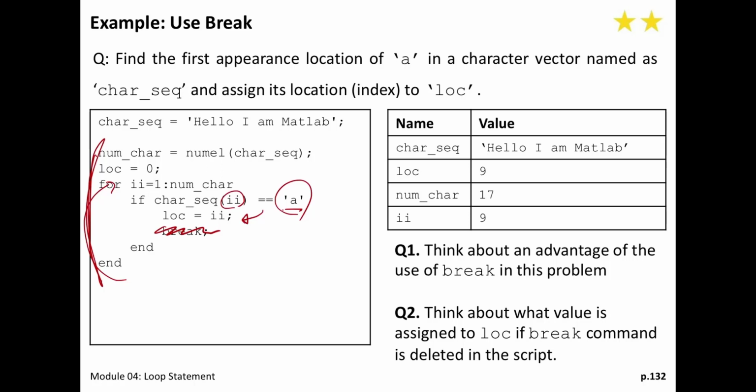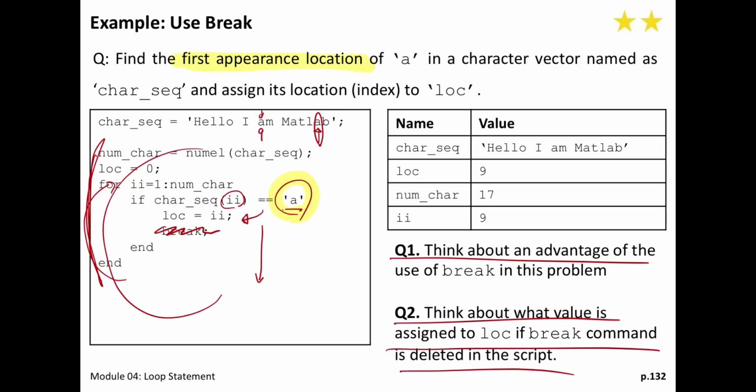The character is A. The difference of this problem is the first appearance. First appearance means once you detect A, you should not continue this loop structure. Why? Let's say the first location is the 9th location here, and if you continue this loop, you will get the location of the last one.